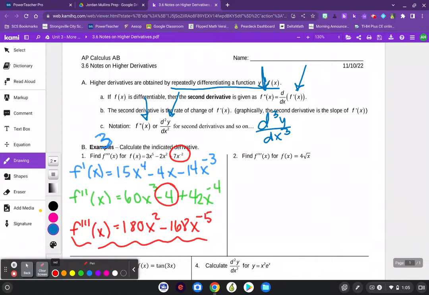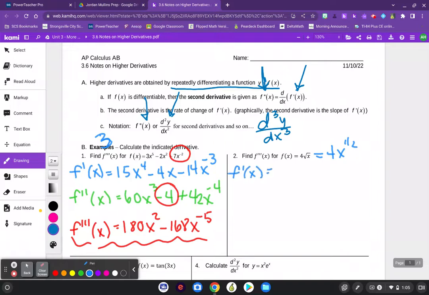Not so bad until you get to fun things like roots and trig functions. So again, we're going to find f triple prime, the third derivative. And so remember that this is the same as 4x to the 1/2. The 4 is not included with that x to the 1/2. So just to be clear, again, first derivative.